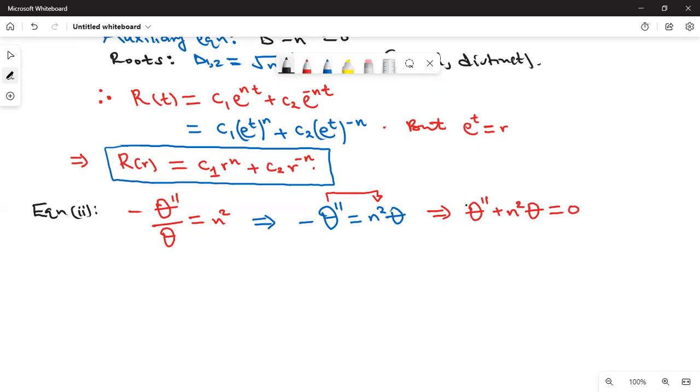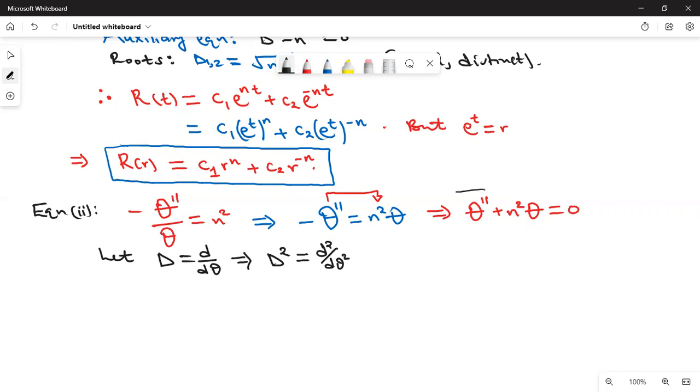So you can just say let the d operator in this case be derivative with respect to theta. So this will imply that d squared will now be the second derivative with respect to theta twice.